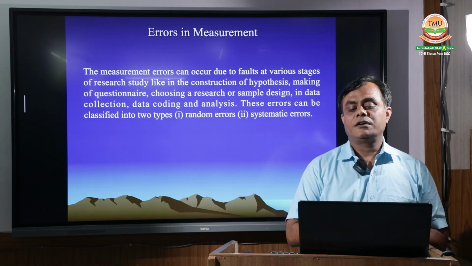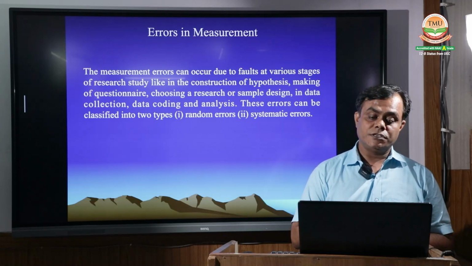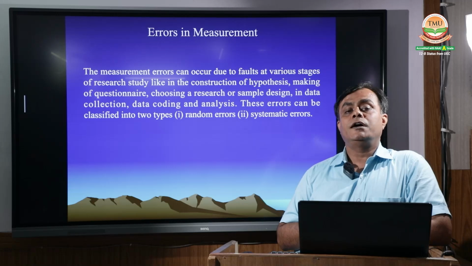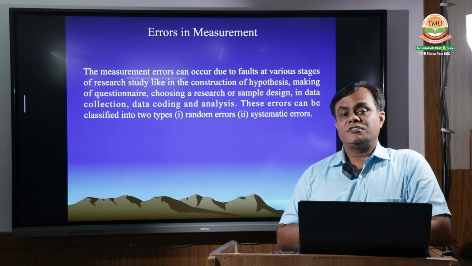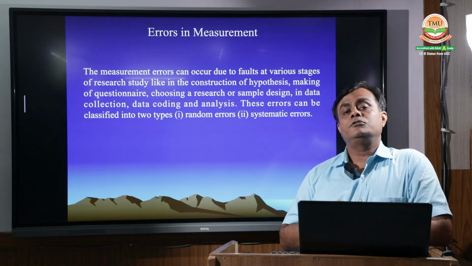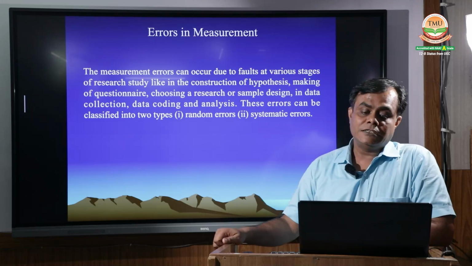The measurement error can occur due to faults in various stages. So when you are using a measurement scale and selecting the data, we go through that process, and there might be certain faults and biases.